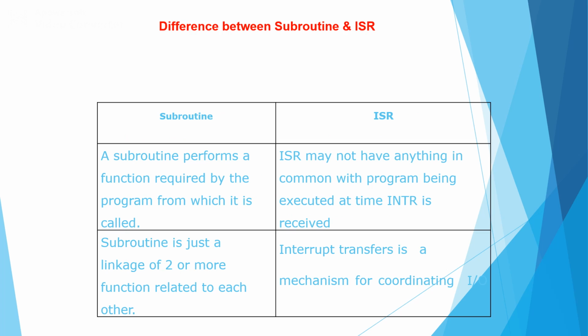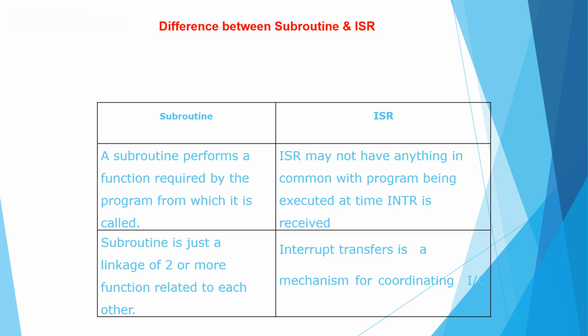So far we considered the interrupt service routine as well as the subroutine. It is clear that interrupt service routines are much similar to a subroutine in a program, but there is a major difference between a subroutine and an ISR. A subroutine performs a function required by the program from which it is called.